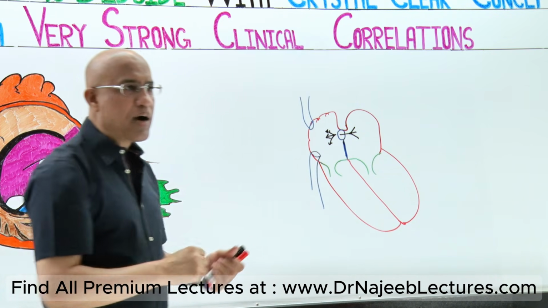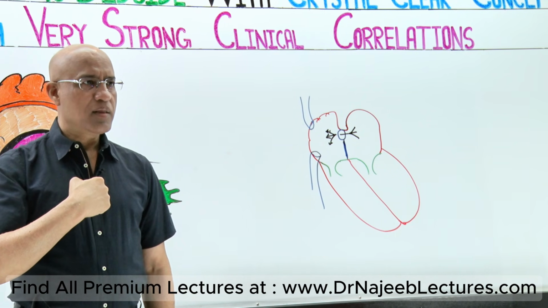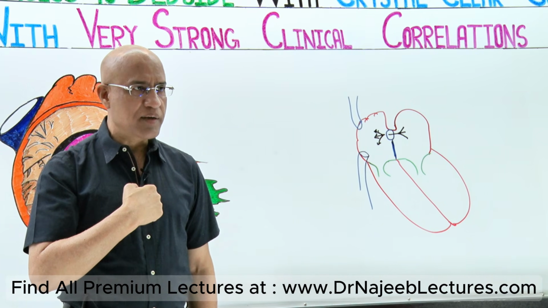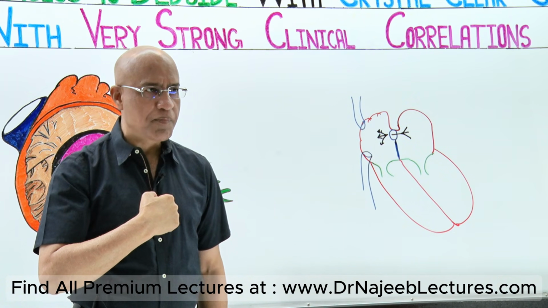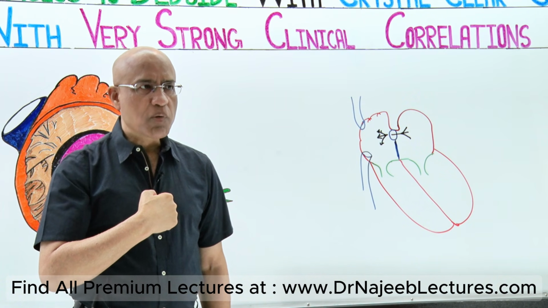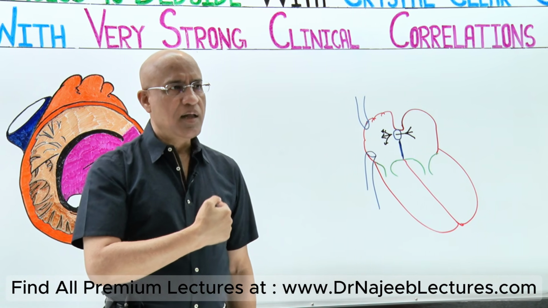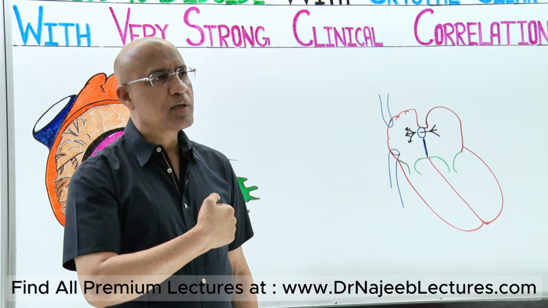So if I am born with an atrial septal defect of ostium secundum type, then a part of the blood from the left side of the heart will keep on shunting.